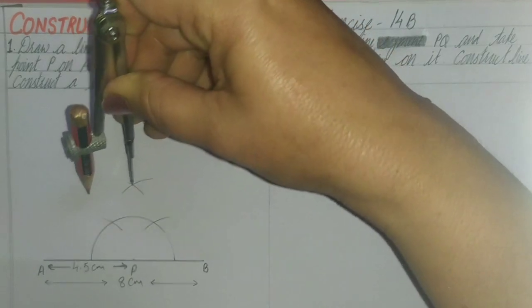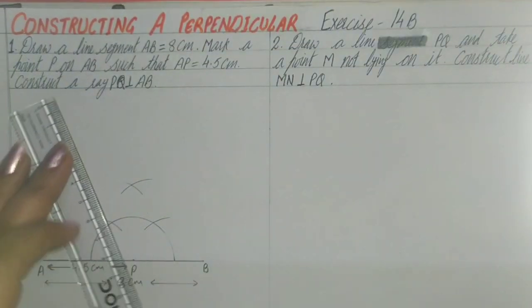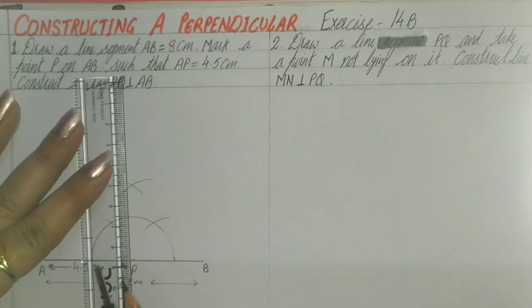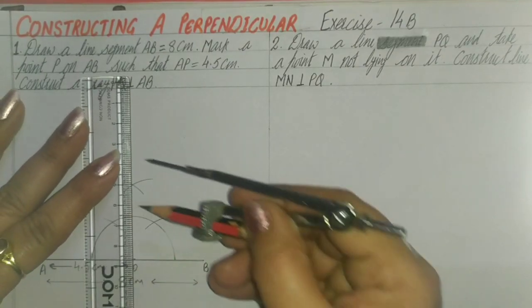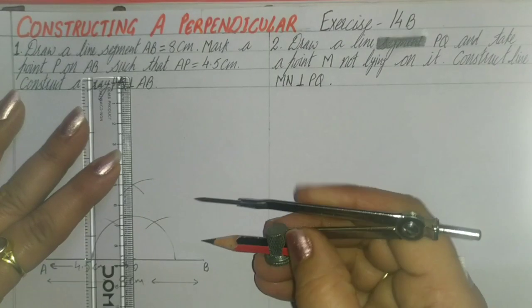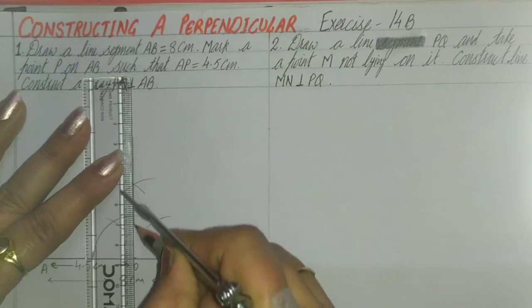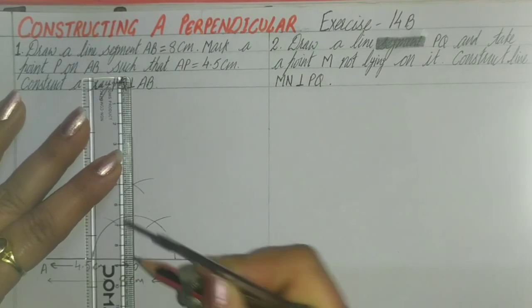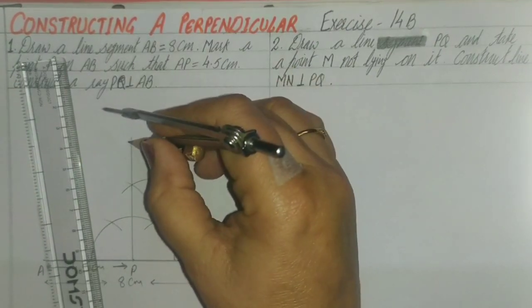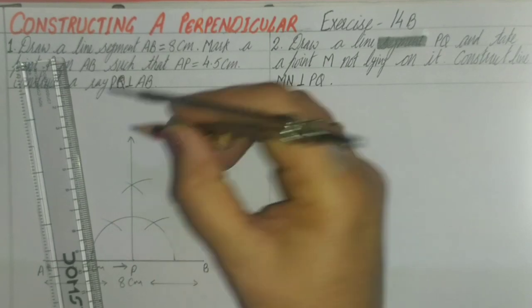Just make a hole with the help of the pin of your compass. Then draw a ray starting from P and passing through the point of intersection of these 2 arcs. Since we have to draw a ray, you have to mark an arrow over here.